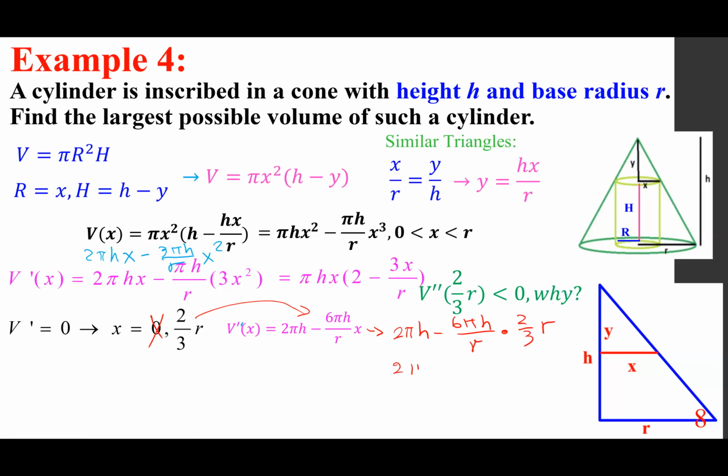Which is 2 pi h minus, r cancels out r. We have 12 pi h divided by 4, or 4 pi h, which makes it negative 2 pi h. As you know, pi is positive, so is h. So the negative makes it negative. So that's a proof.